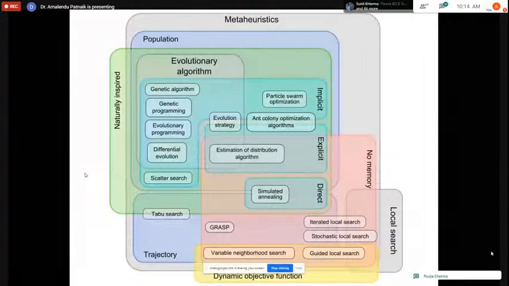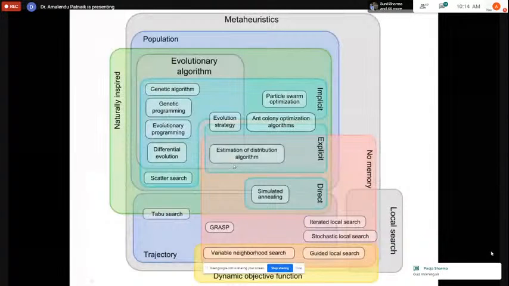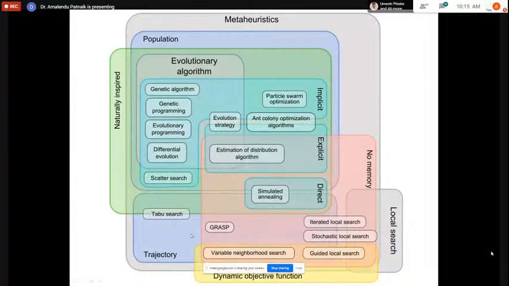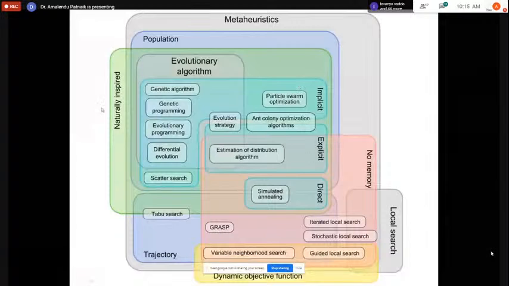There are other techniques like local search techniques and trajectory-based methods, and those methods are available. But as far as today's discussion is concerned, we will mostly focus on these population-based methods, or evolutionary algorithms.